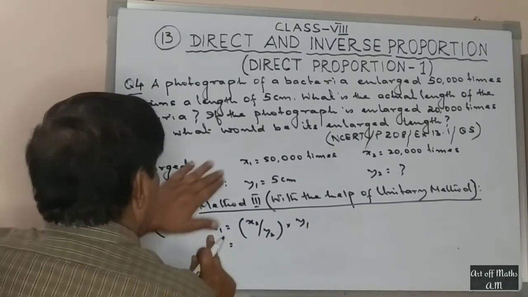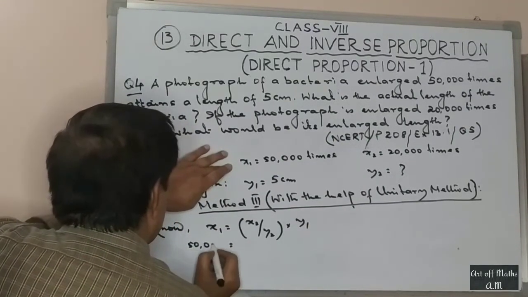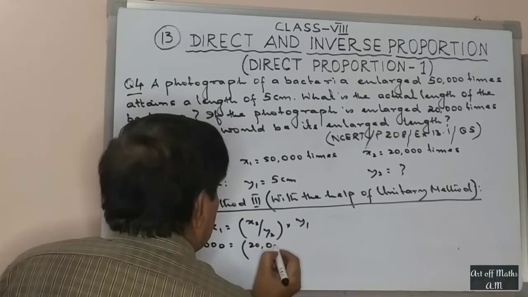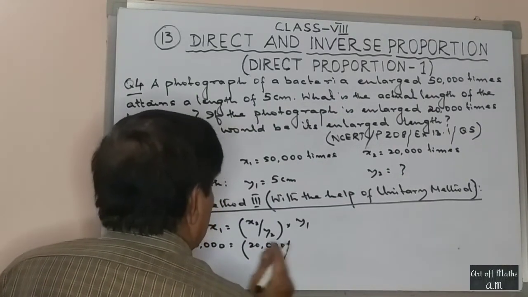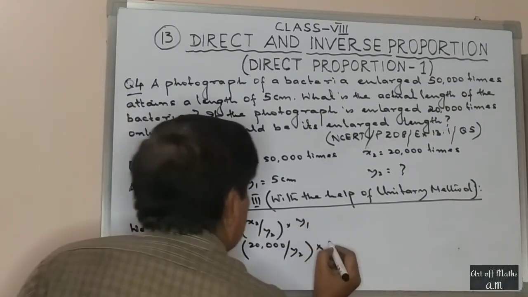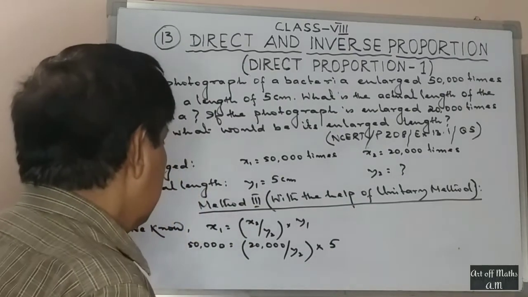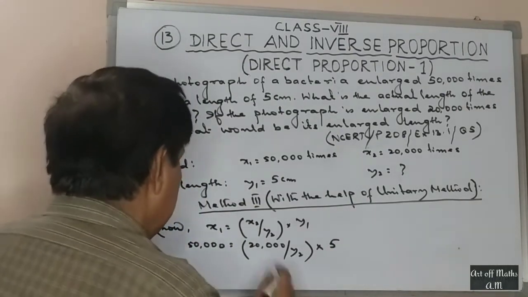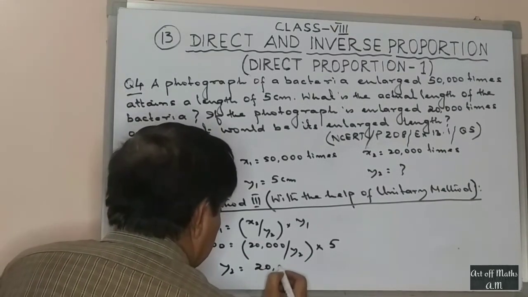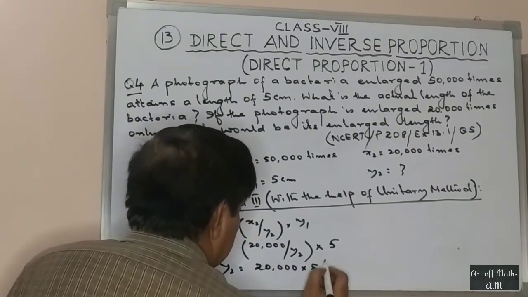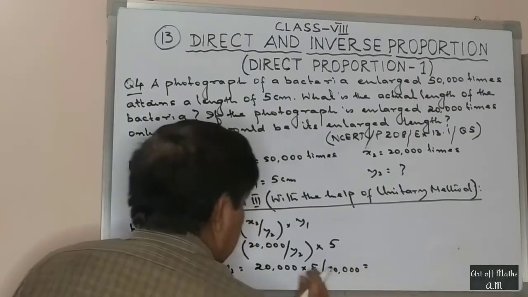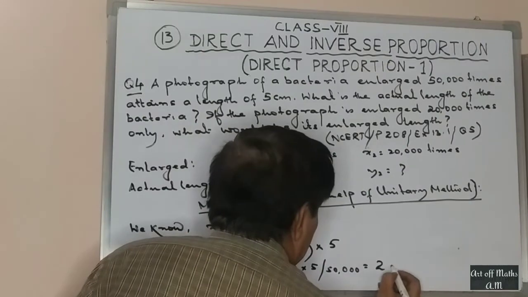Now x1 is 50,000 times, x2 is 20,000 times divided by y2, which is unknown. y1 is 5 centimeter. Now by cross multiplication we get y2 equal to 20,000 into 5 divided by 50,000 equal to 10, that means 2 centimeter.